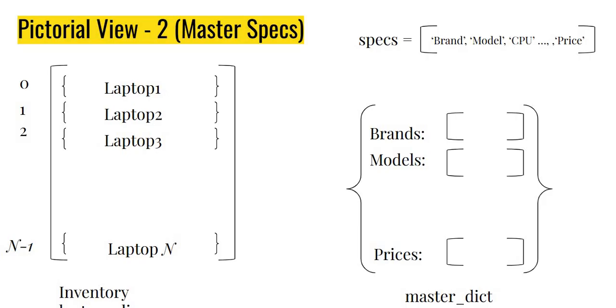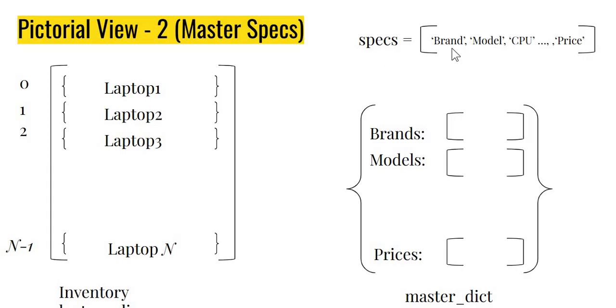Well, remember, inventory is a list of dictionaries. These dictionaries get their keys from this list called specs. Now, what I'm saying is that, okay, look, let's create a master dictionary here, which contains all the possibilities that can go inside the values of these laptop dictionaries.